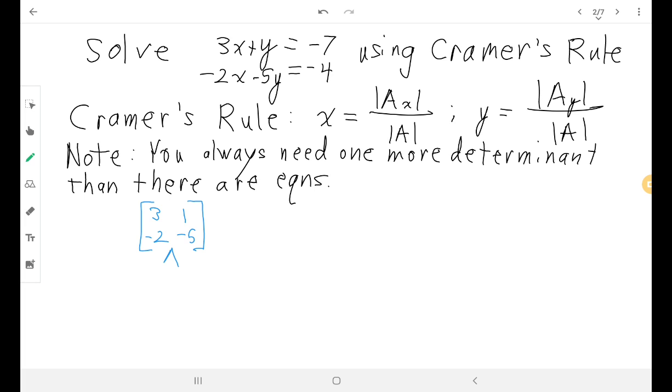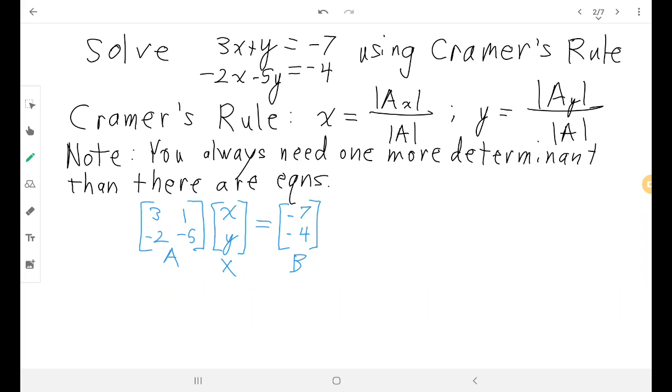So there's matrix A. And then remember, matrix X is just the variables in one column. We call that matrix X. And it equals matrix B, which is the constants for it. So the whole thing originally looked like that.